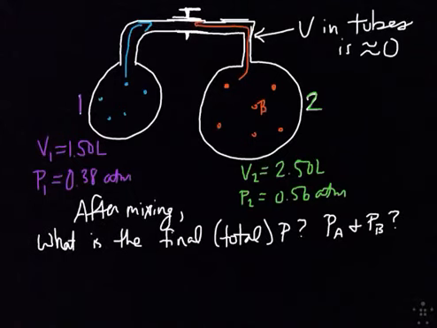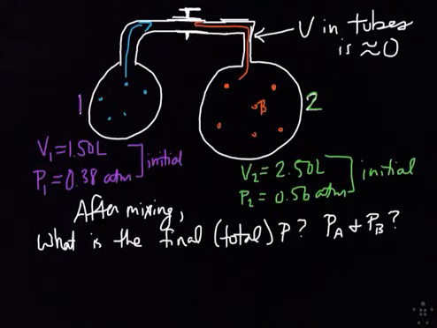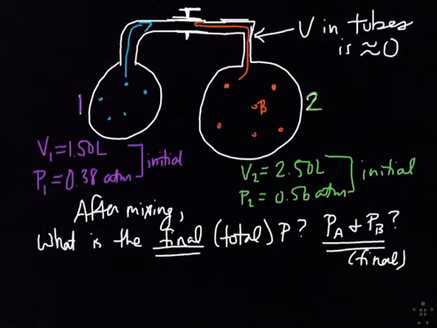So keep in mind, as you're doing this, that these are the initial values before we open the stopper, and down here we have the final values, after we've opened the stopper.